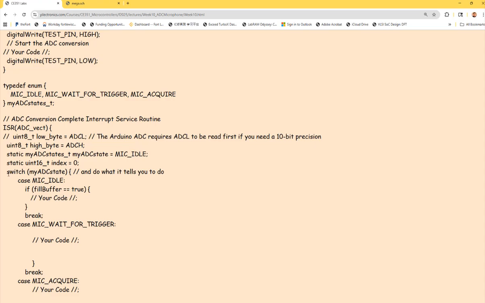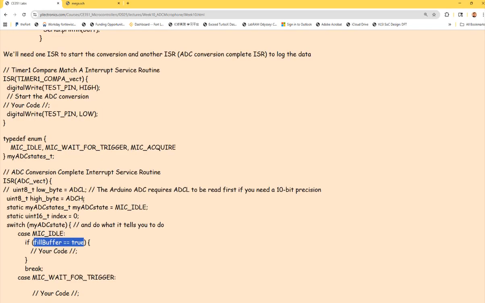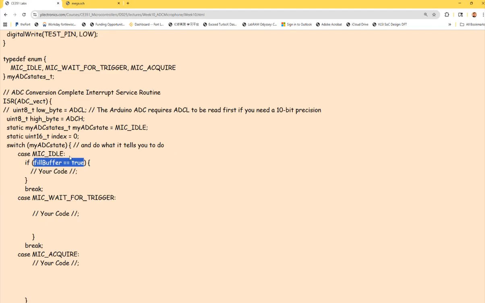The state machine, starting from the idle state, is controlled by the fill-the-buffer flag. So it's adding one more layer of control over it. Unlike task one, where it starts logging data when you power it up, this one is waiting for a press on the keyboard, which is F. You press F, this flag becomes true, and it does all the state transitions.